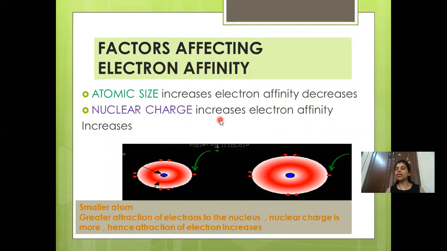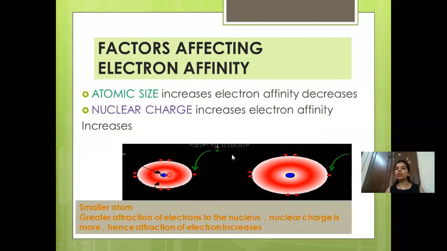As atomic size increases, electron affinity decreases. The reason is it's going to take some time to accept the electron because the nuclear pull in this case is going to be comparatively lesser than the nuclear pull in the smaller atom.